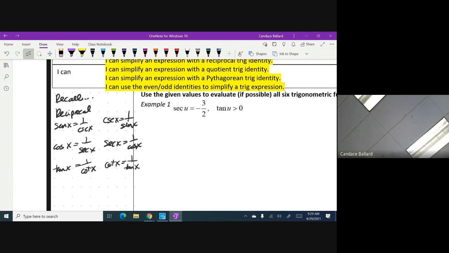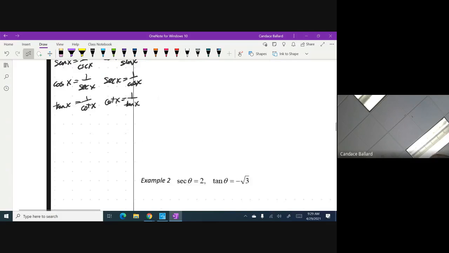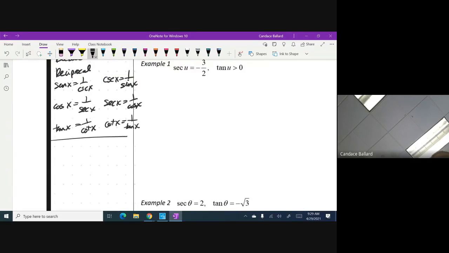All right, let's do the next set of these here. The next set are called the quotient identities, and you know these ones as well. This is where the tangent of x equals the sine of x divided by the cosine of x.